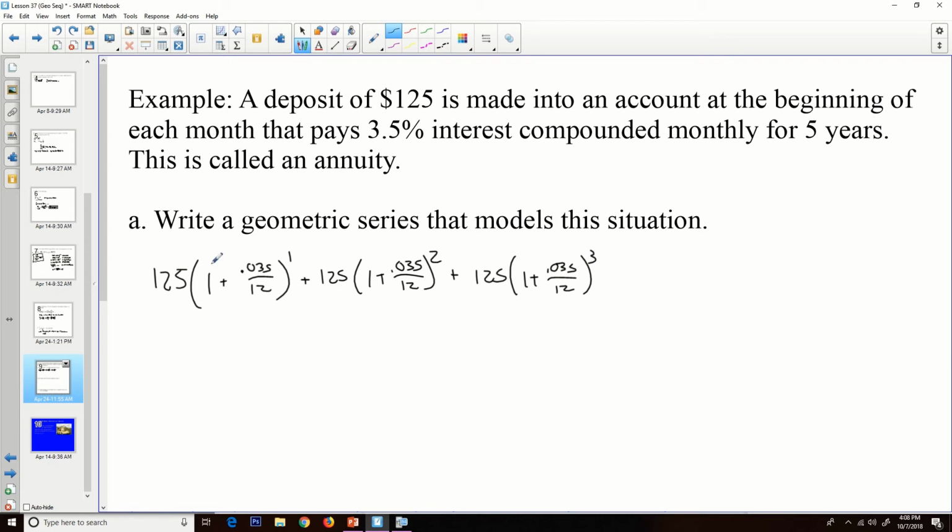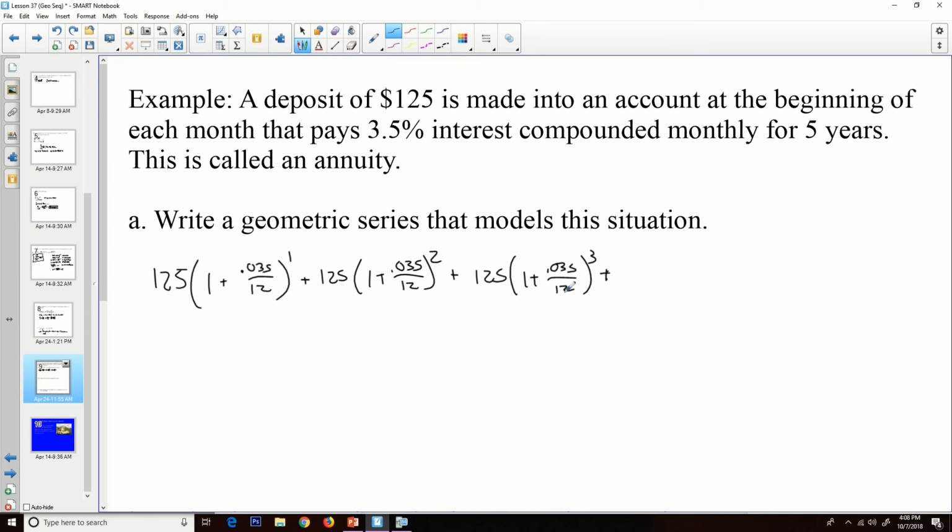The second $125 moves over and has been calculating interest for 2 months, and then the newest $125 is calculated at 0.035 compounded monthly for 1 month, and this continues for 5 years.